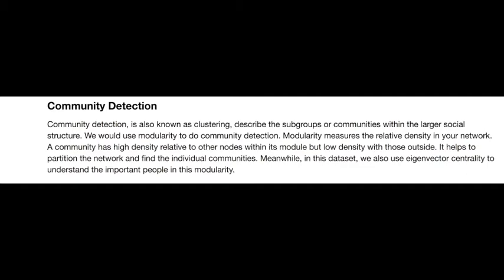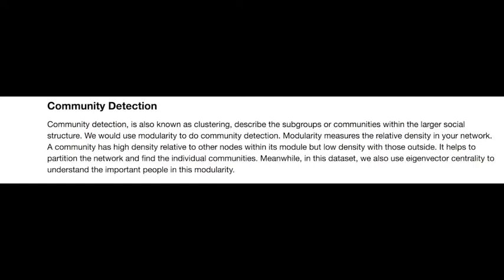Community detection is similar to clustering. In our project, there are also many measures to determine the communities. And in our project, we will use modularity. This calculates the relative density in our network. And if a community has higher density, it might form an individual community.